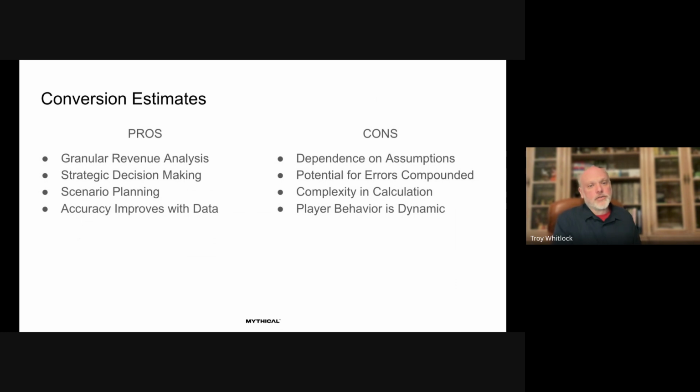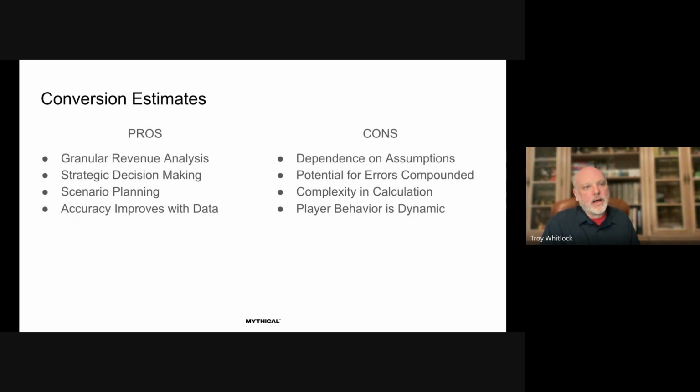So conversion estimates, pros and cons. And maybe starting with the cons, it depends a lot on assumptions, and it has the potential for errors to compound, because if you're going to list every possible SKU and you're off by a certain percentage, you're just going to compound that with every SKU. And it's also very complex.